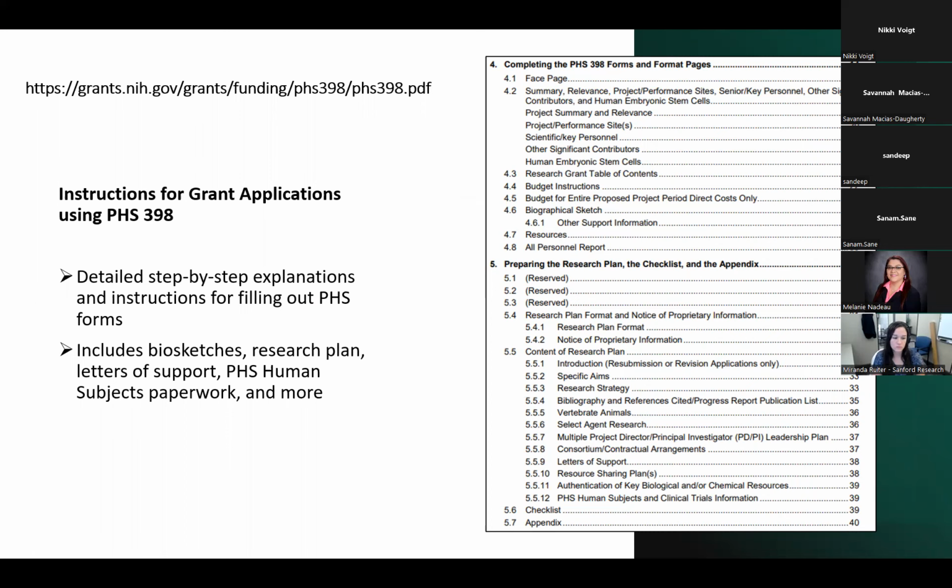They provide very detailed, very thorough, step-by-step instructions for filling out those PHS forms, and even beyond that, it includes some information about biosketches, about your letters of support, and especially I feel that for new investigators, budget can also be an issue, determining what needs to be in that budget, and these forms go through that very well, especially for NIH's budget forms, which can be different from different agencies. And next slide.